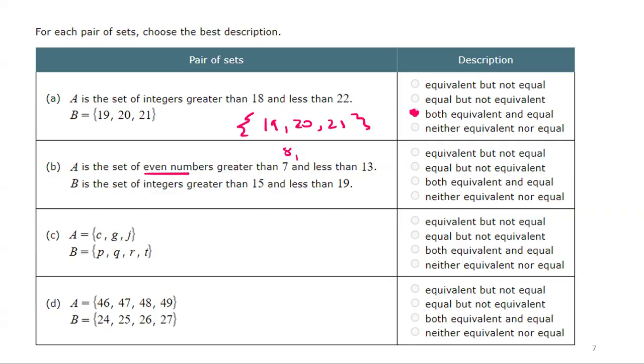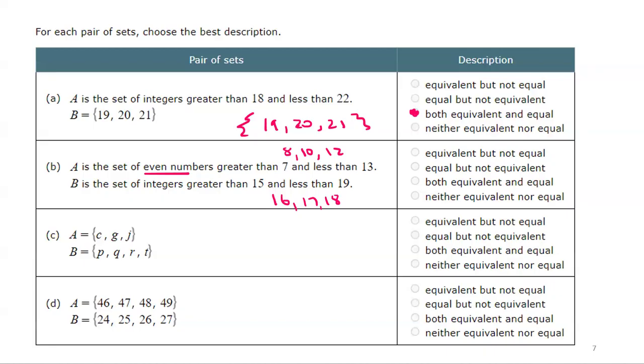So 8, 10, 12, right? So greater than 7 and less than 13. So those are the numbers in part A. And then part B says B is a set of integers greater than 15 and less than 19. So that would be 16, 17, and 18.